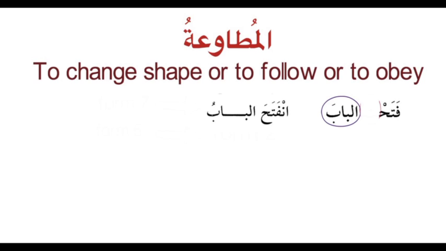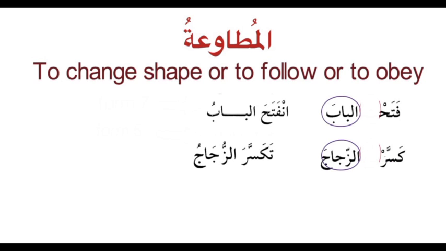We need to remember. If you give the form 2, form 2 is kassartu zujaja. Kassar is your fi'l, tu is your fa'il, and az-zujaja is your maf'ulun bihi, the glass. I smashed the glass. Now if we change this to form 5, what happens? The fa'il is gone and it becomes takassara zujaju.